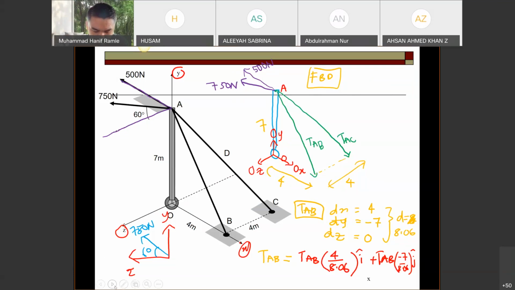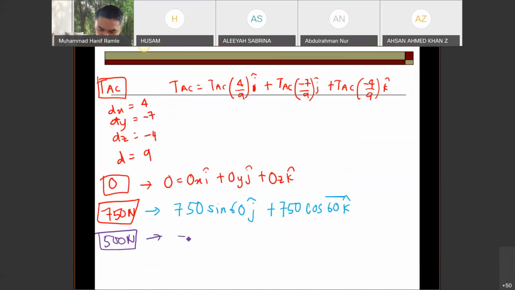So you can put just negative 500 Newton, negative 500 I.